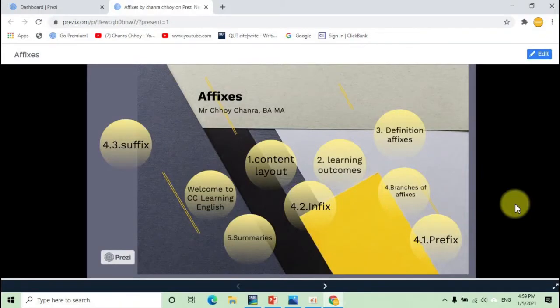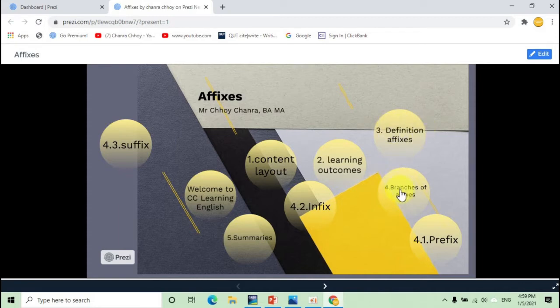Welcome to everyone. Today we're talking about affixes. In this one, I have a content layout. Number one is talking about the content layout. Number two is talking about outcomes, the learning outcome. Number three is talking about the definition of affixes.